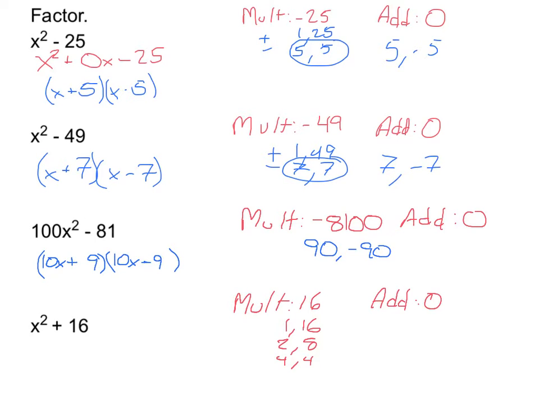With the same sign, these at best could make 8, or negative 8 if they were both negative. Here we could do 10, or if they're both negative, negative 10, and so on. Here I could get 17 or negative 17. So none of these are going to work. So since none of them work, this one is prime.